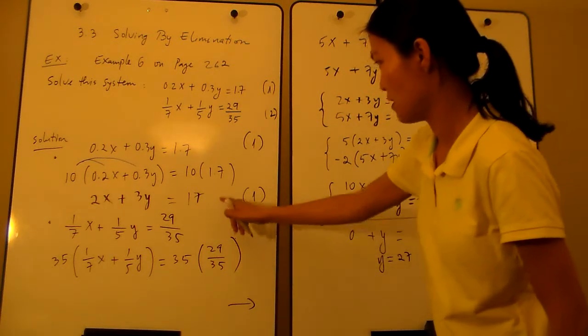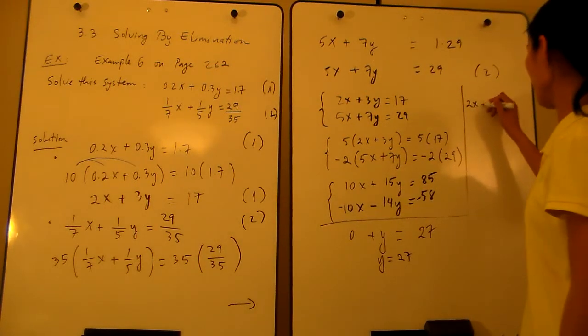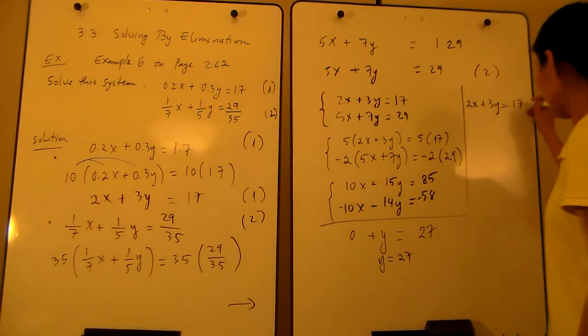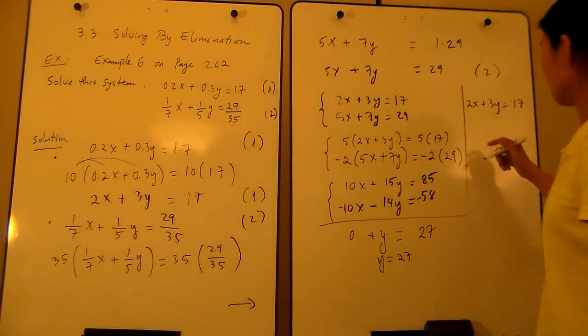So we have 2x plus 3y equals 17. This is equation 1.